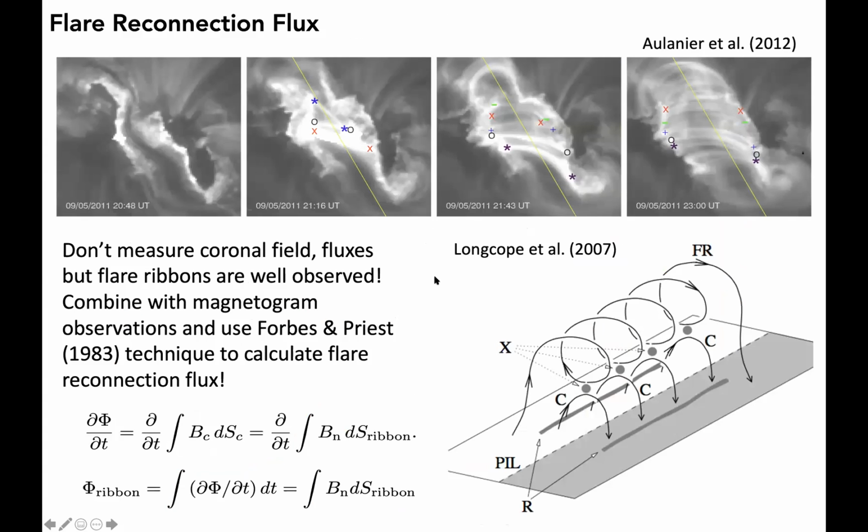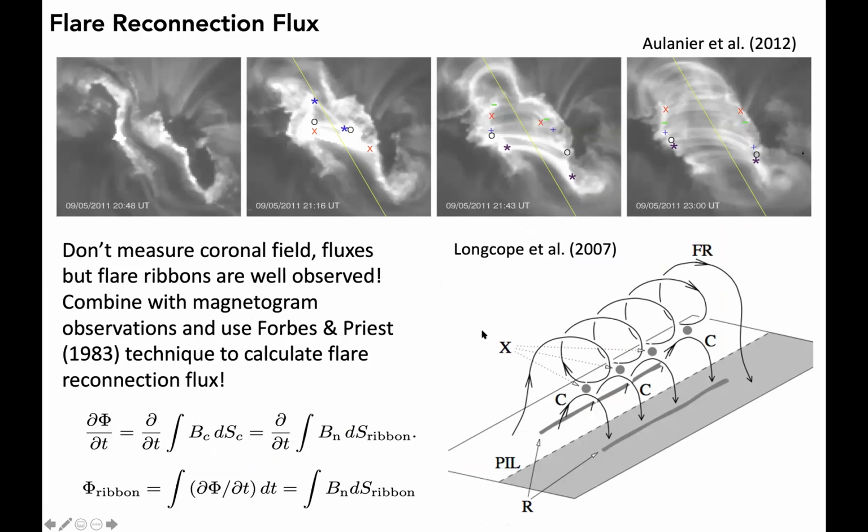Okay, so during the impulsive phase of the flare, one of the things that we're most interested in is the reconnection and how the reconnection proceeds. One of the reasons is that it's one of these quantities that can be used to relate the eruptions seen at the sun to things you measure in situ in space.